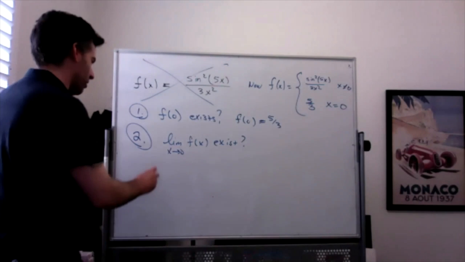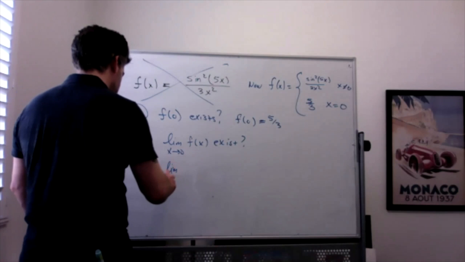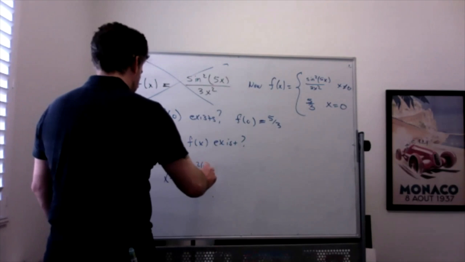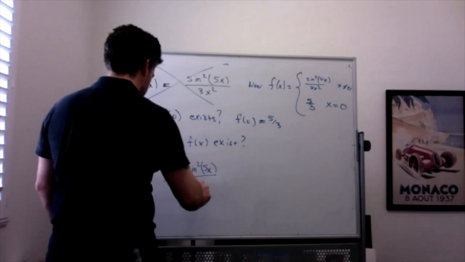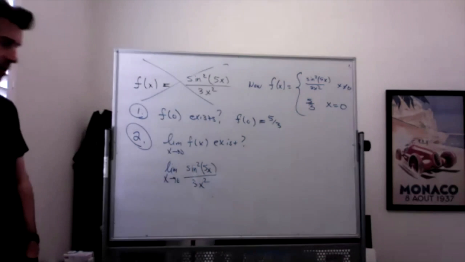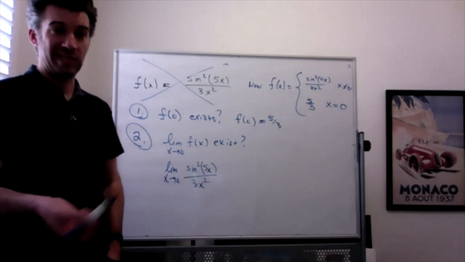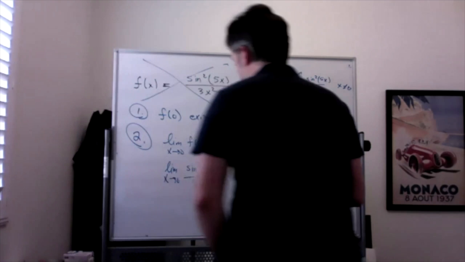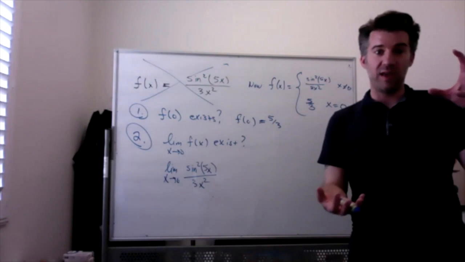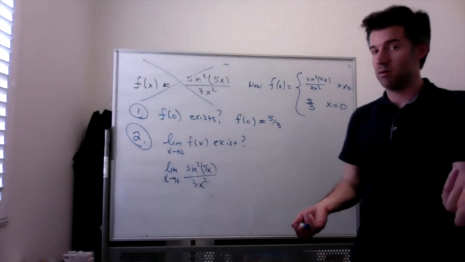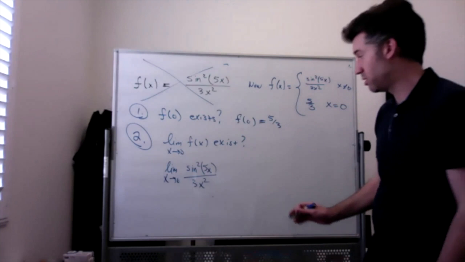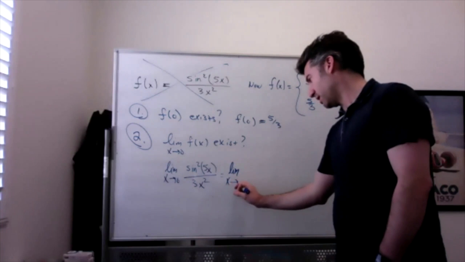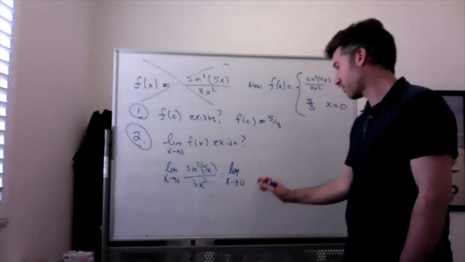We can just look at the limit as x approaches 0 of sine squared of 5x over 3x squared. And then we're going to use our rules for dealing with these limits of sine of something over something, right? Where we want to have sine of a thing over the same thing, as long as that thing is going to 0.